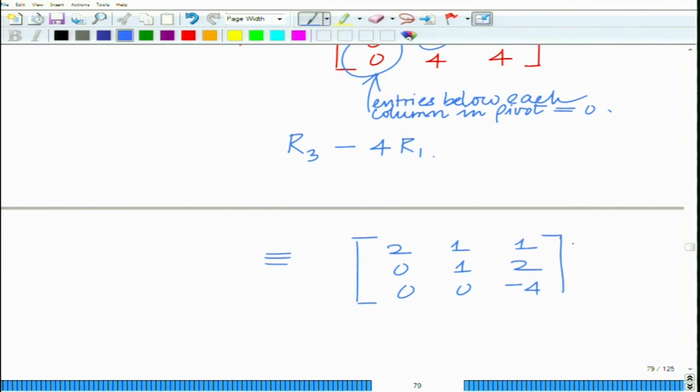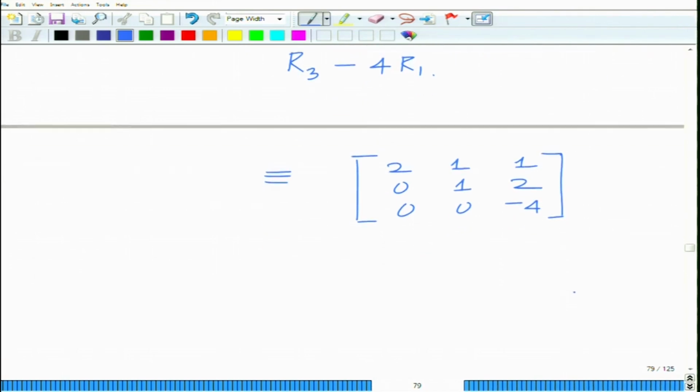And if you look at this now, what you will observe is that this is an upper triangular matrix.